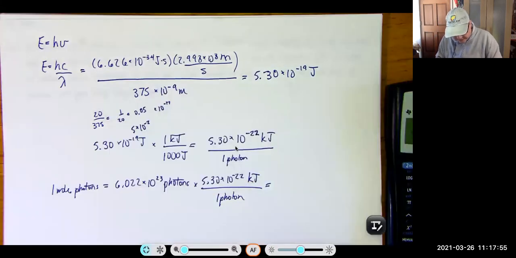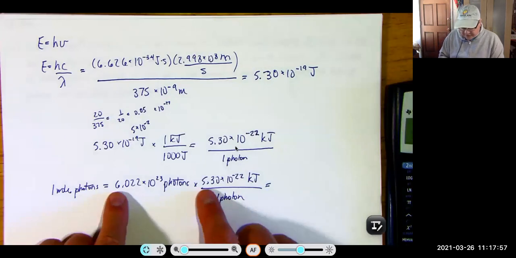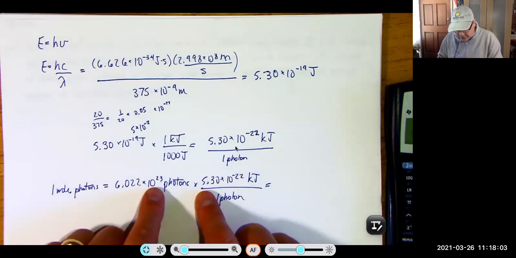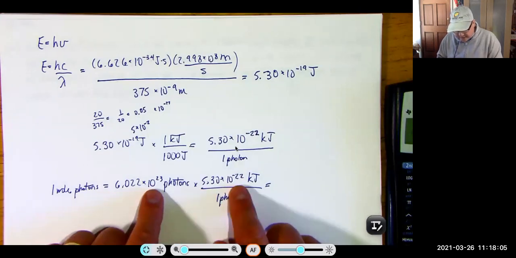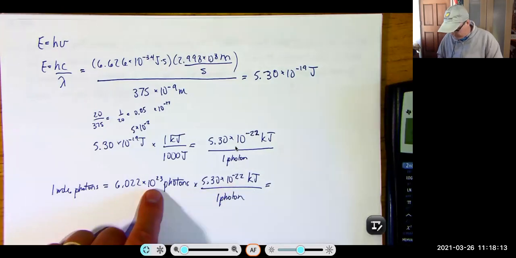And here, can you see that 6 times 5 is 30-ish? And 23 times -22 is 1. So we're going to have 30-ish times 10. So we should get around 300. Fair enough?